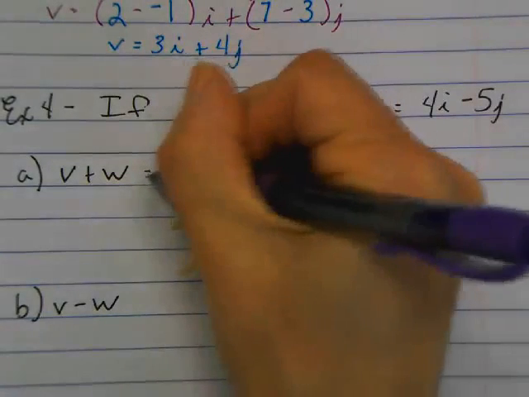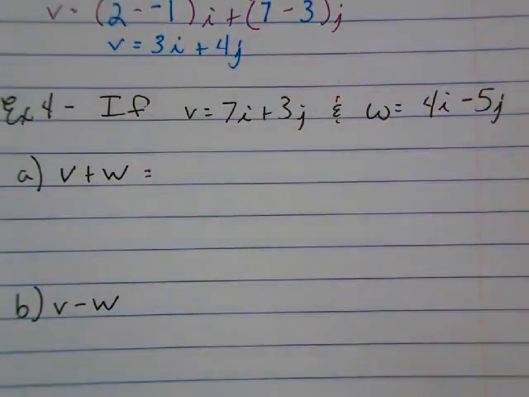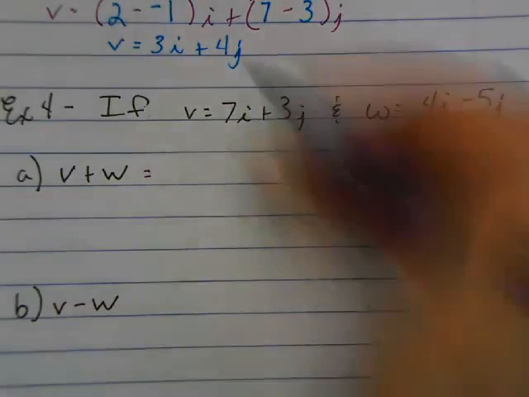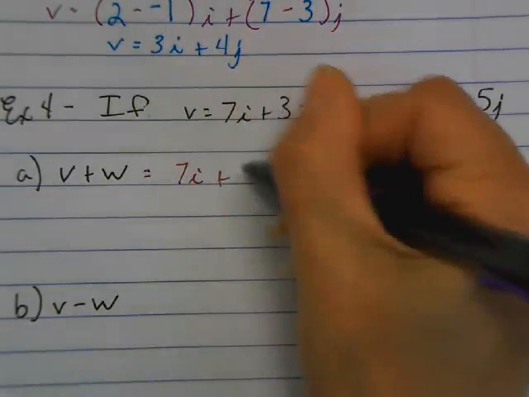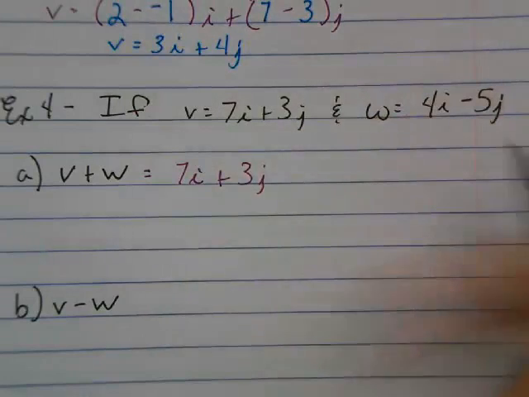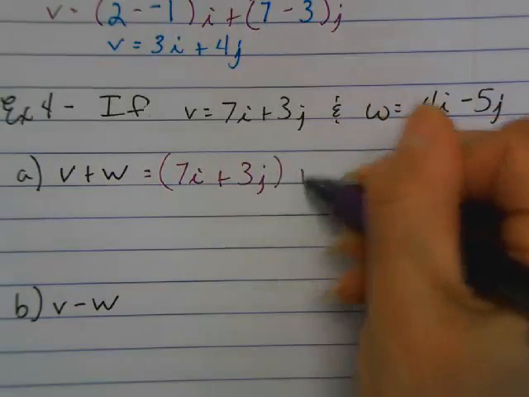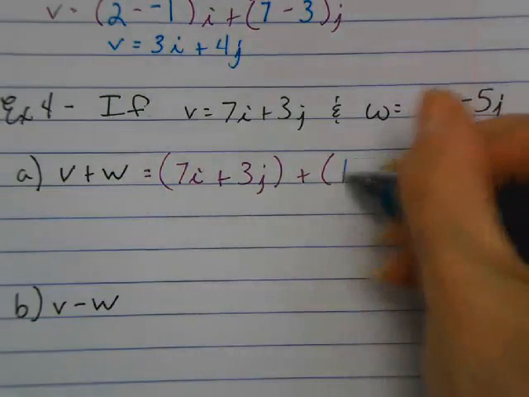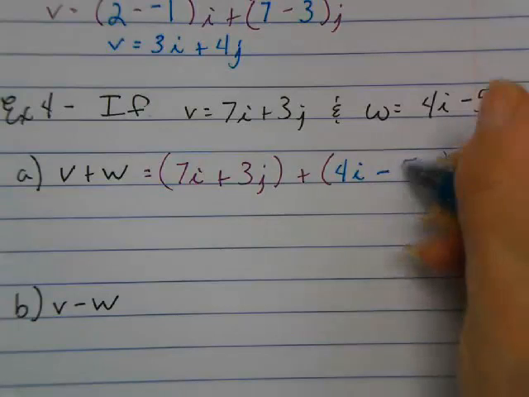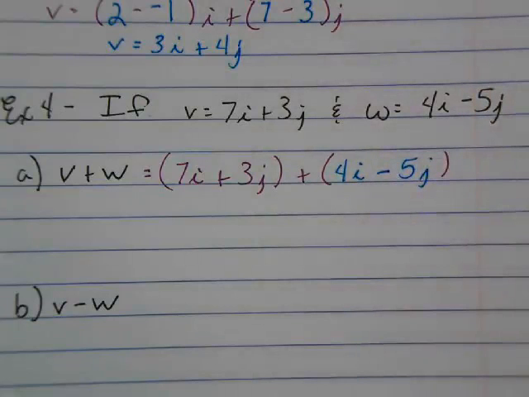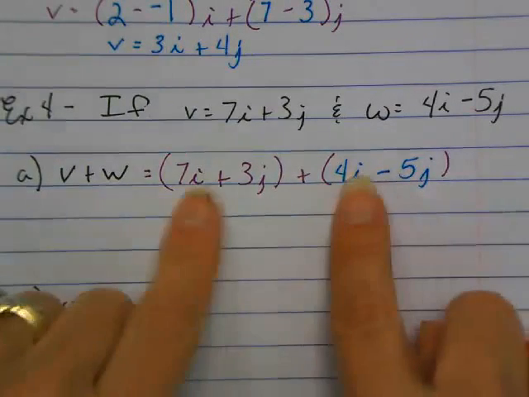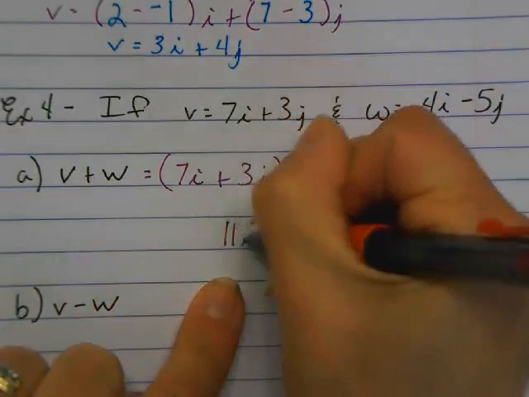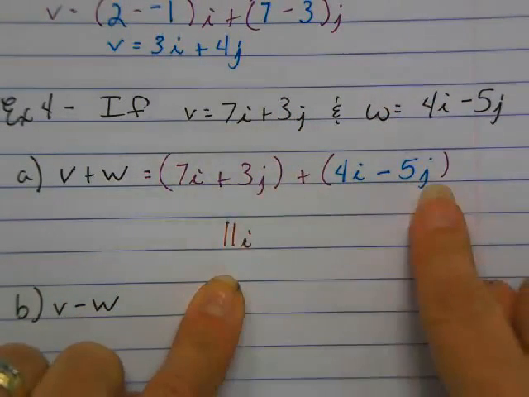Okay, this is going to be exactly like what you expect. Let's write down vector v. So vector v is this, plus vector w. Vector w is 4i minus 5j, and now we're really combining our like terms. So 7i and 4i make 11i, and 3j minus 5j is negative 2j.